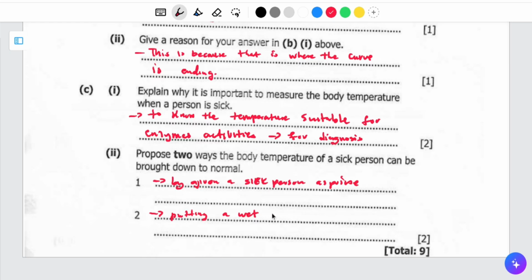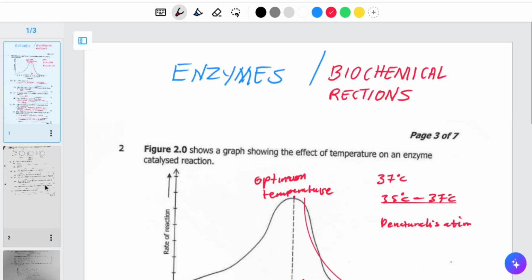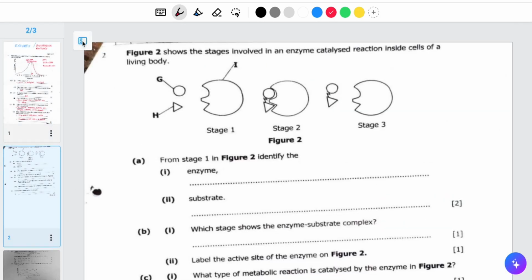So by putting a wet cloth on the forehead. Right, so those are the answers for that question. Let's see the next questions.